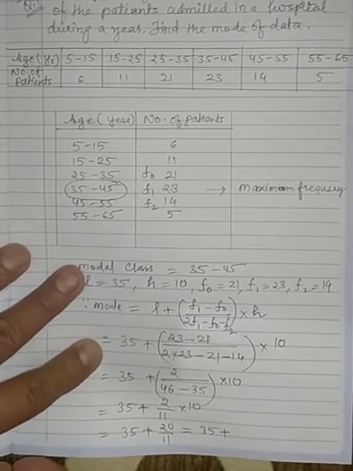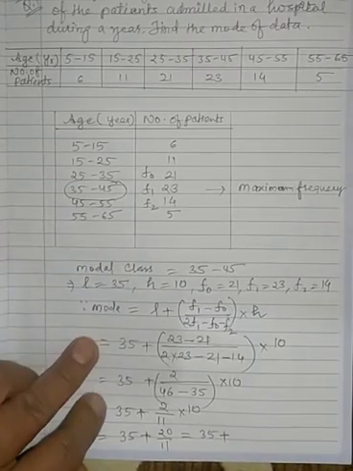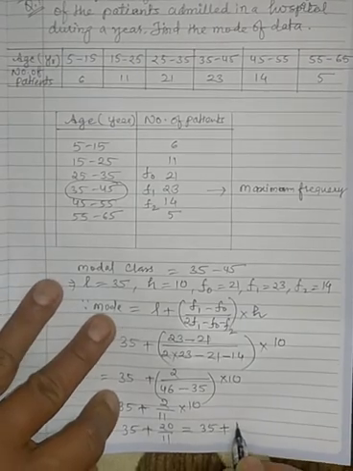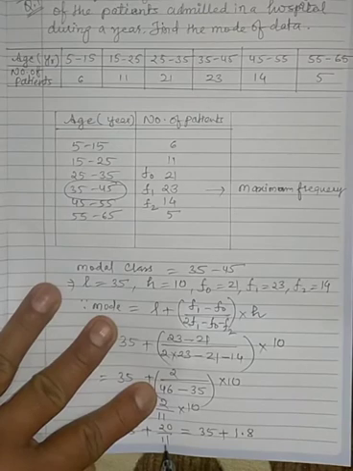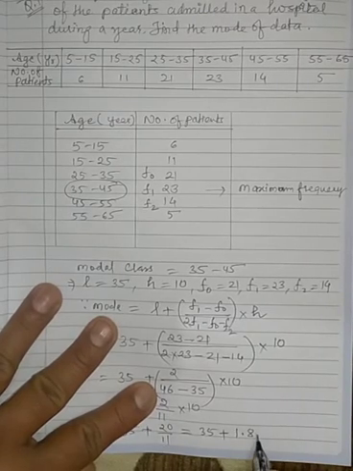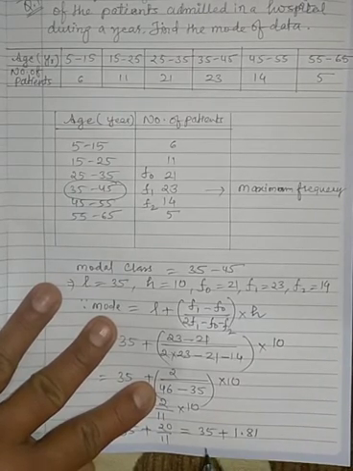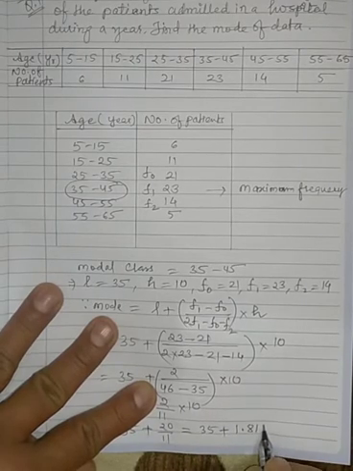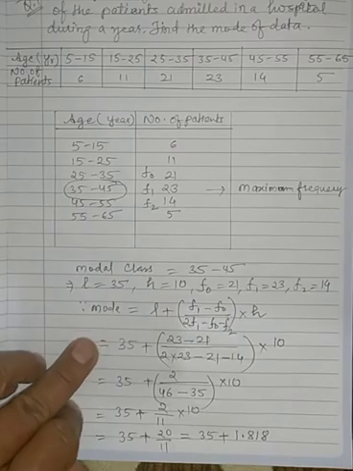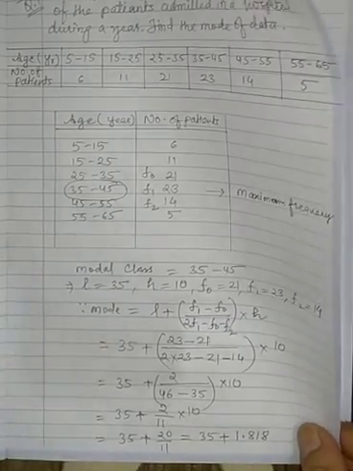35 plus. Now if we divide 20 by 11, so 11 ones are 11, we have 9 left, 11 8s are 88, we have 2 left, 11 ones are 11, and again 9 is left, so it is 1.818.